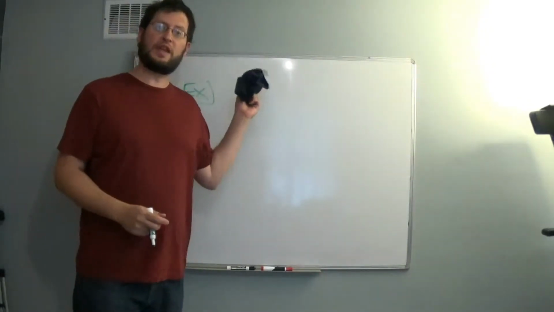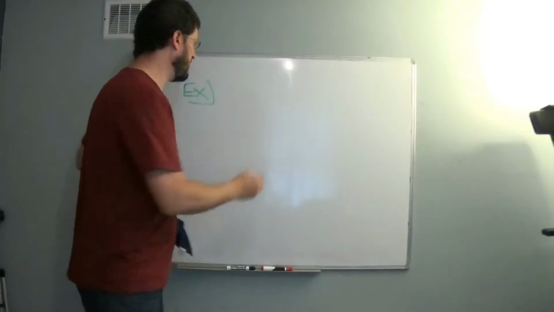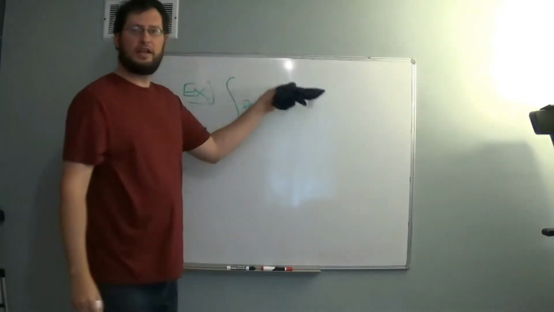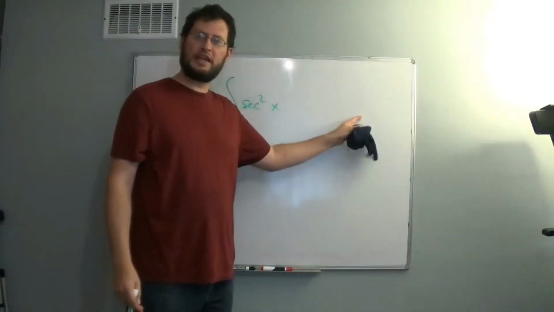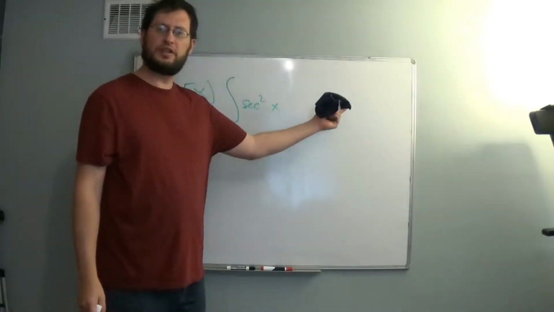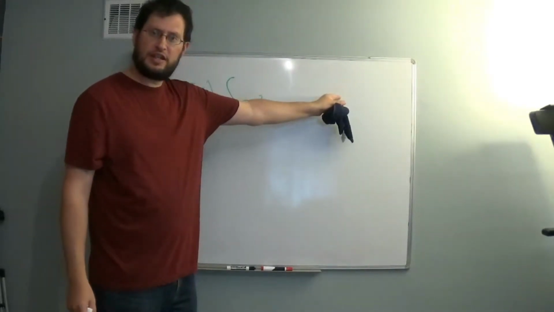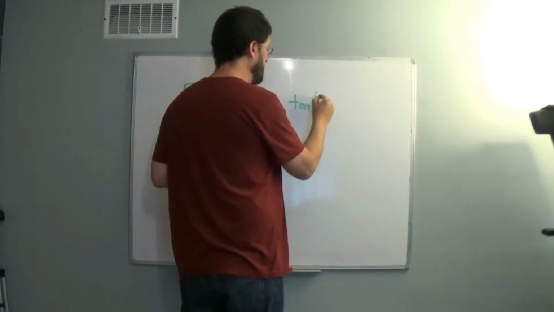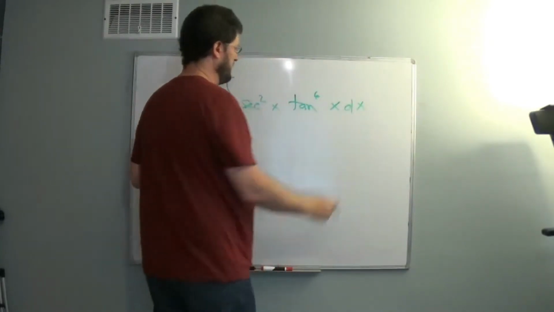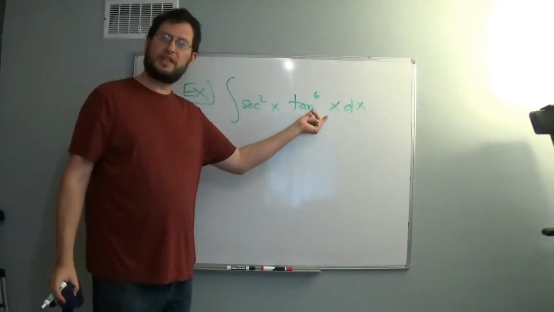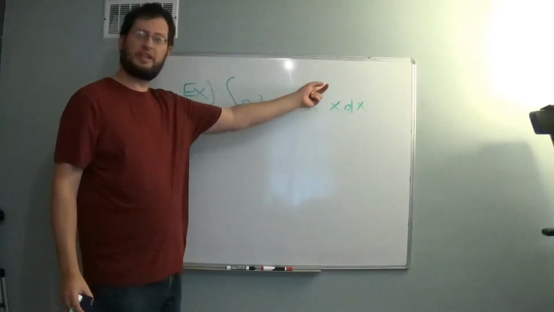Because the derivative of tangent is secant squared, if we have a secant squared and then any power of tangent, we can make a substitution. So if I had tan to the 6th x, we can make a u substitution where u is tan x, and this becomes u to the 6th.